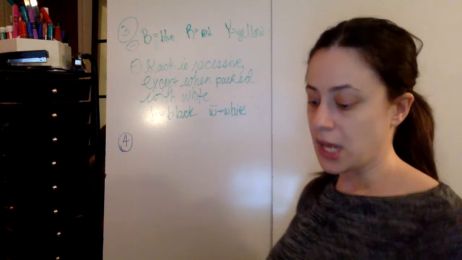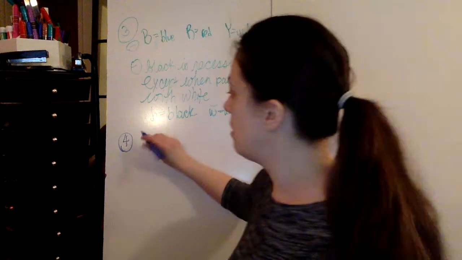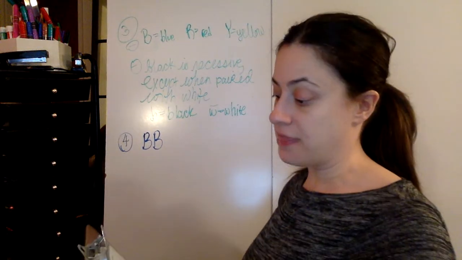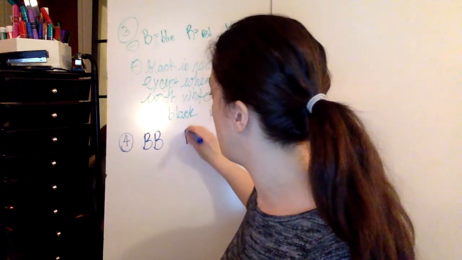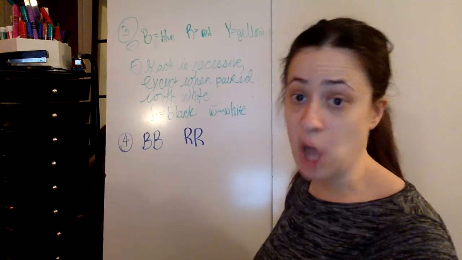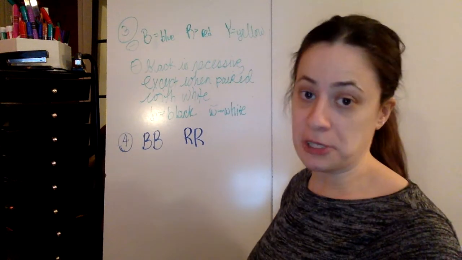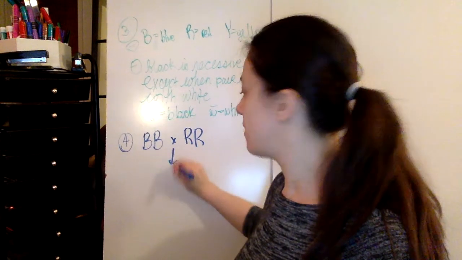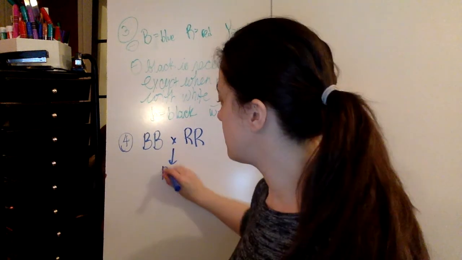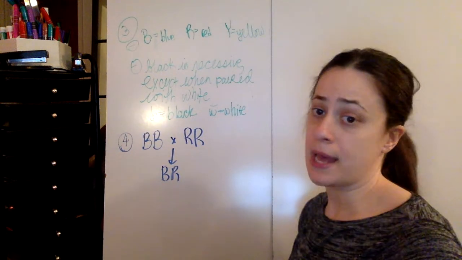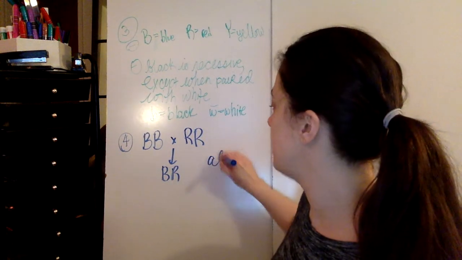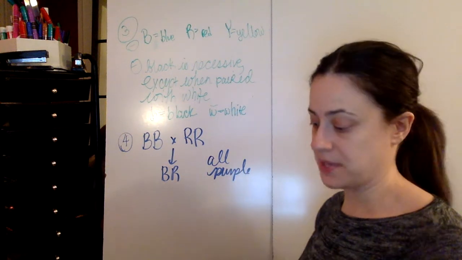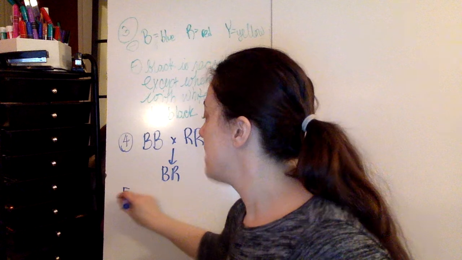A homozygous blue tribble would be homozygous B, and a homozygous red tribble would be homozygous R. If we do the cross between those two, all of their offspring would be purple, because the parents would be giving one B and one R allele. So the answer to number 4 is that they would all be purple.